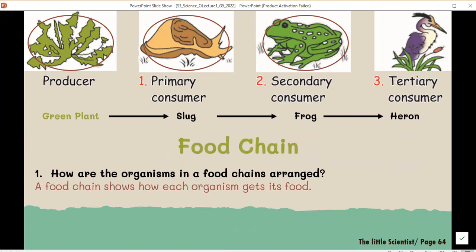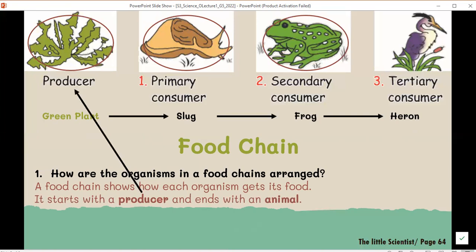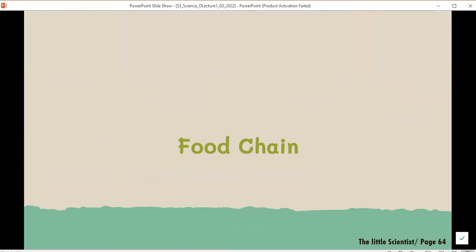The green plant is eaten by the slug, so the green plant must come in a food chain before the slug. A food chain starts always with a producer, okay, with a green plant, and it finishes with an animal, a carnivorous animal.